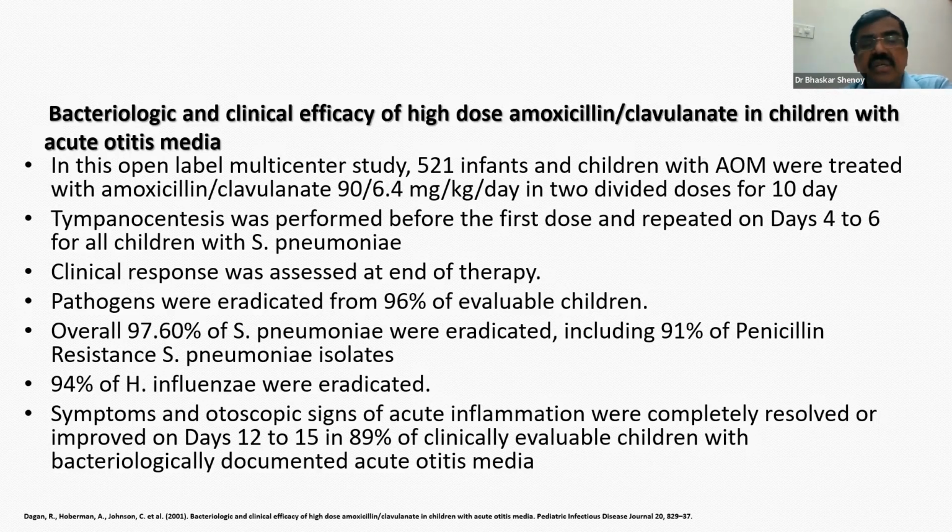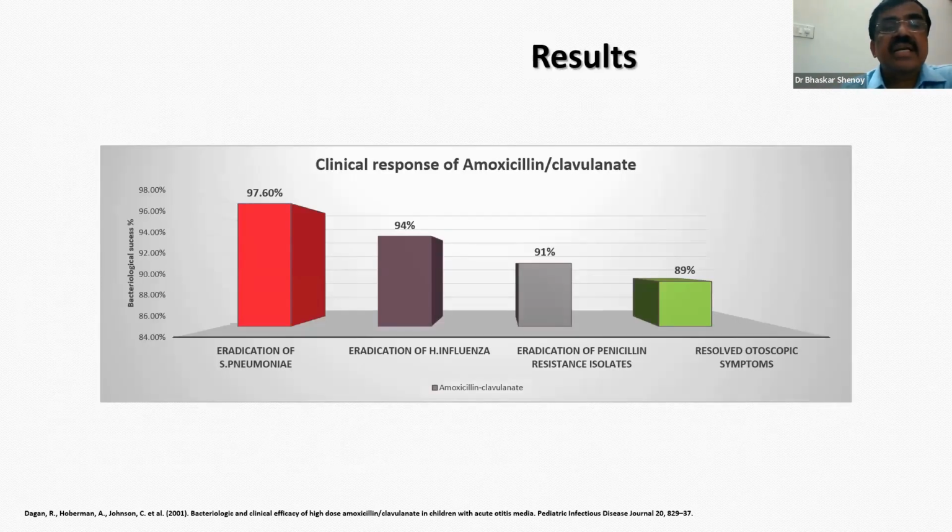The eradication of the organism was demonstrated in 96% of the cases, and symptoms and clinical findings were also evaluated. And the good thing is that even H. influenzae was reduced to the tune of 94%. You can see the clinical response and eradication of Streptococcus pneumoniae and H. influenzae is more than 90%.